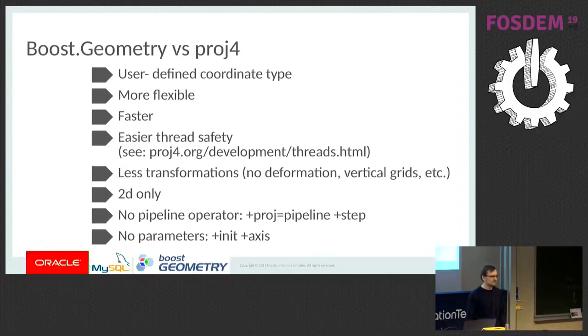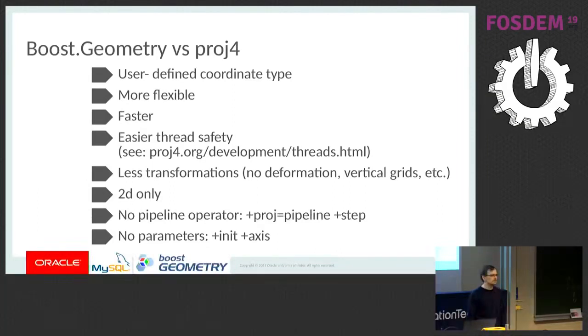Now it is possible, but you have to create a projection context, one per each thread, and use a different function. So additional code. And with Boost.Geometry, because after you create the transformation, it's constant, you can just use it with multiple threads. You don't have to do anything else.